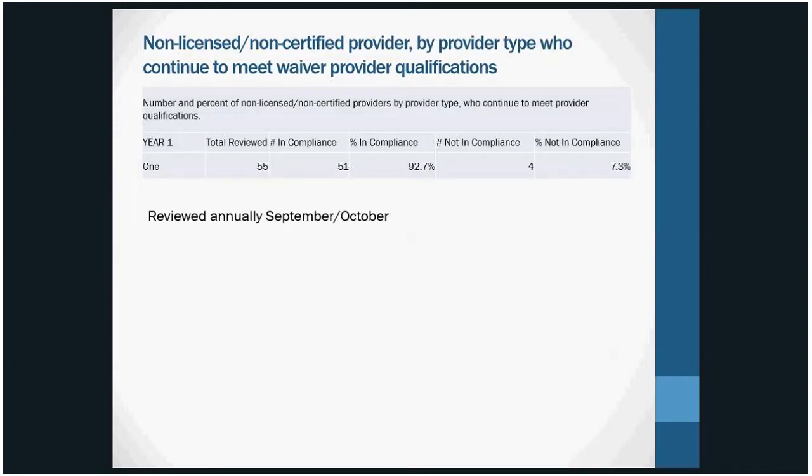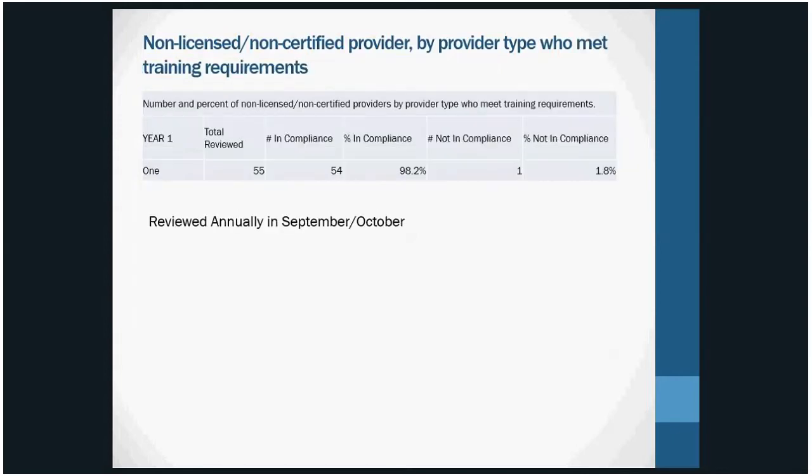Again, the performance measure for non-licensed, non-certified providers by provider type who continue to meet waiver provider qualifications is reviewed in September, October. Non-licensed, non-certified providers by provider type who met training requirements is also reviewed in September, October, so this will be a part of next quarter's review.